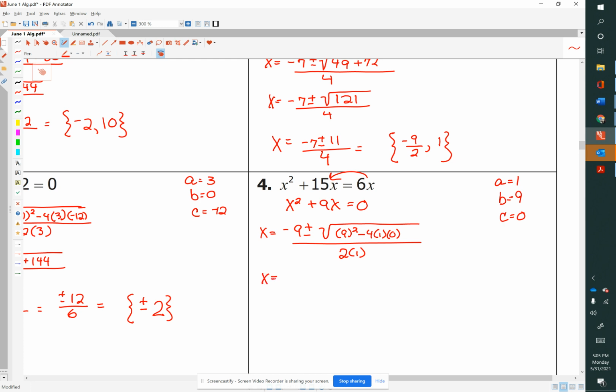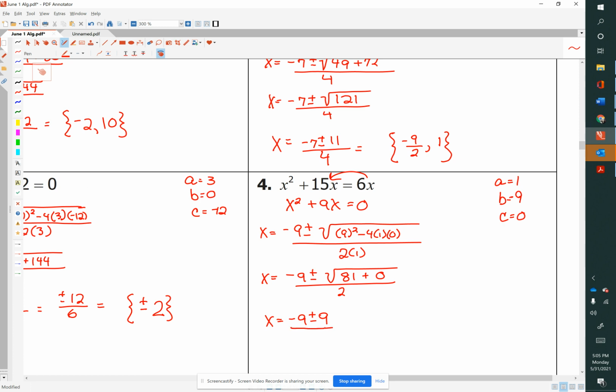And we'll start simplifying that. Negative 9 plus or minus, and this will be 81 plus 0. All of that divided by 2 times 1, which is 2. And simplify further, plus or minus. So the square root of 81 is going to be plus or minus 9. So we don't need the radical there.